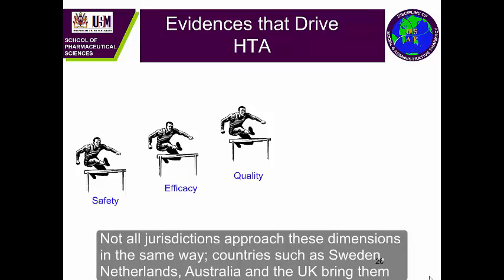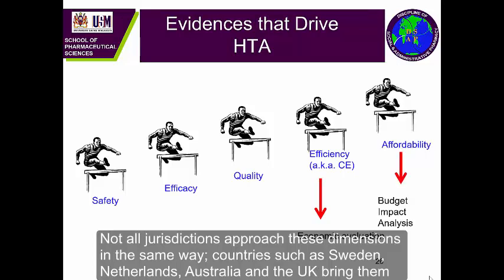allowed into the country. So previously, the HTA only looked into the evidence of safety, efficacy, or quality. But now, because they saw what sort of information economic evaluation can give them to help make decisions, HTA increasingly requires economic evaluation evidence, or efficiency evidence, to inform their decision making.